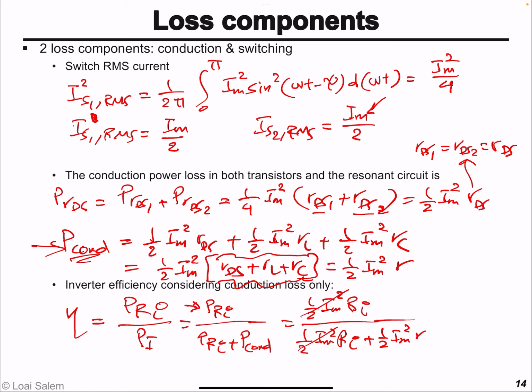So we can cancel these terms, and we end up with Ri divided by Ri plus R small, which can be rewritten as, if we divide the numerator and denominator by Ri, we'll get 1 over 1 plus R small over Ri.